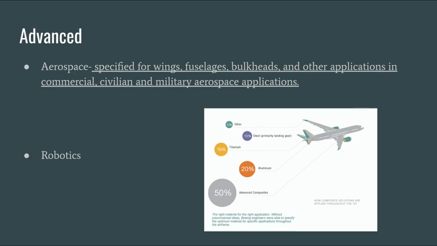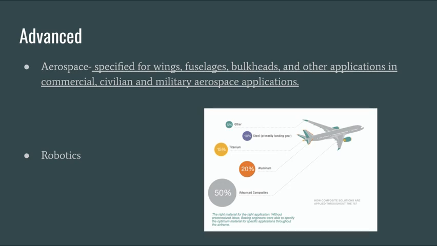The last use for composites will be kind of advanced things that you might not see often. A lot of composites are used for airplanes, so things like wings, the fuselages, the bulkheads, and the fuels.